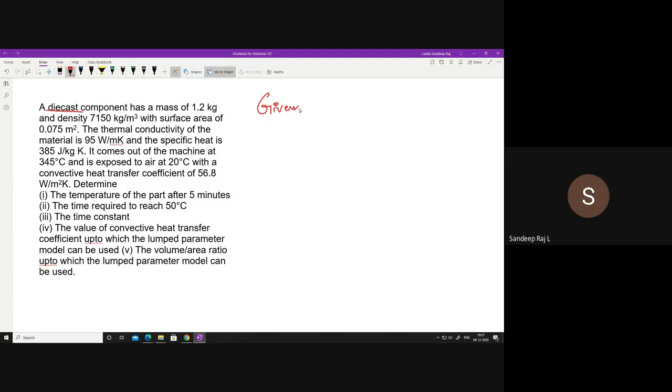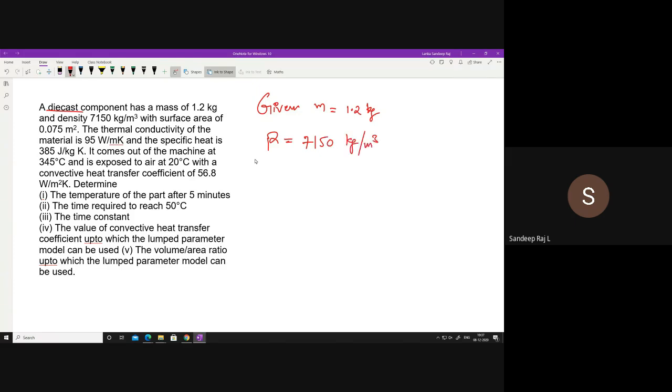Let us write the mass here. Mass is equal to 1.2 kg. The density is also given, it's 7150 kg per meter cube.